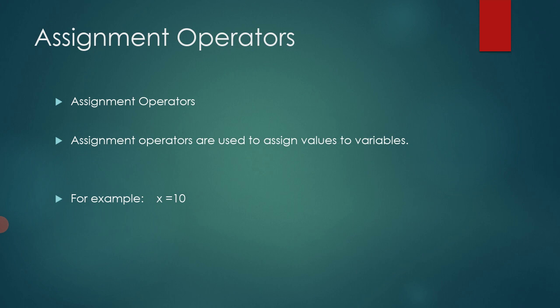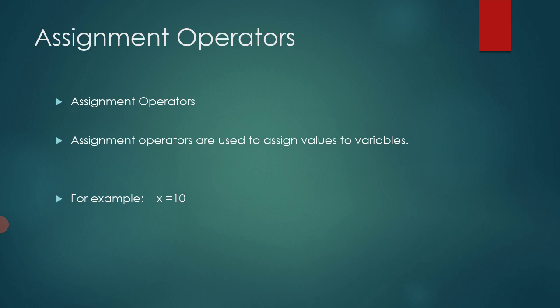So look at the example, students. I have taken the example x is equals to 10. In normal English language, we have studied the is equals to symbol. But in C++ there is a bit of a difference between the normal is equals to and this is equals to.